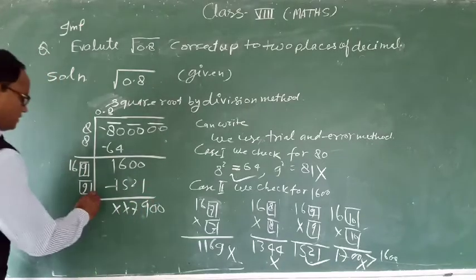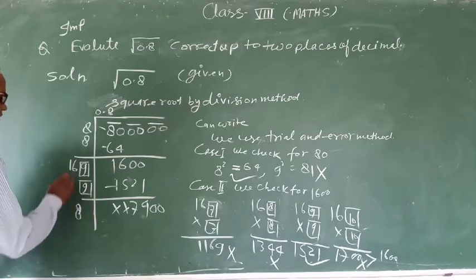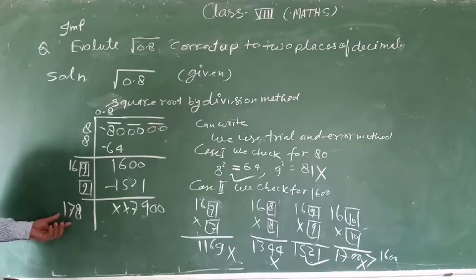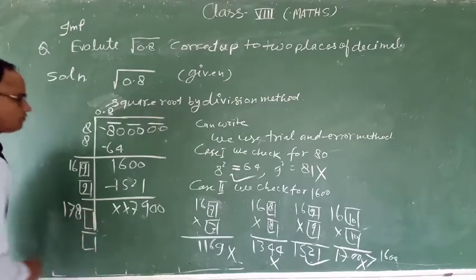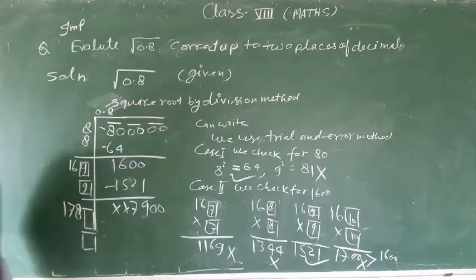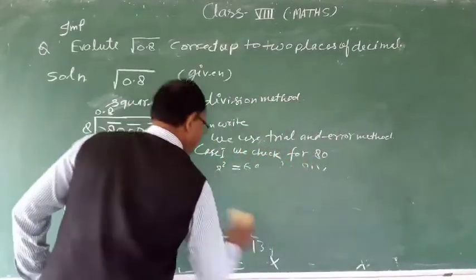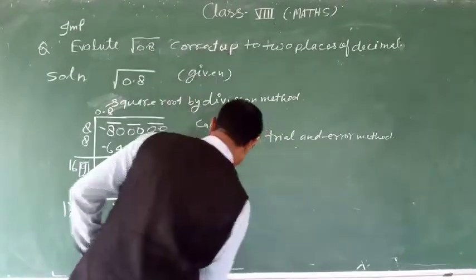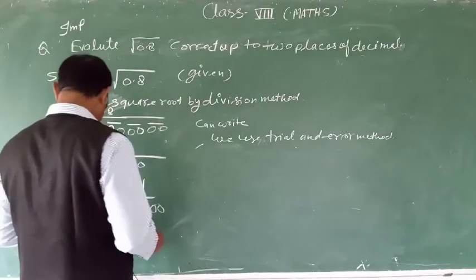After this 9 9 18 and 178. Make box. Okay students, after this 178.